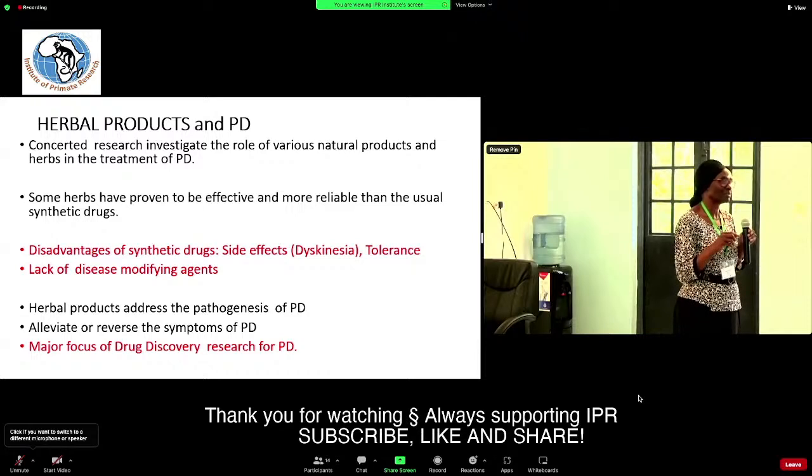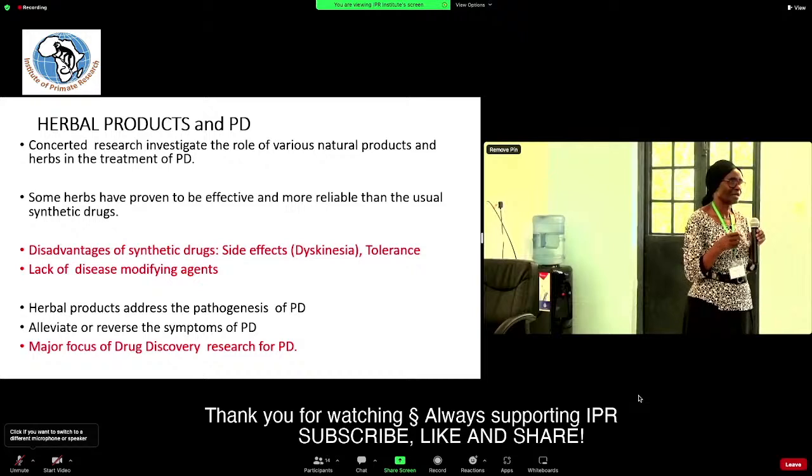Herbal medicines are one of those alternatives, particularly because conventional therapies are associated with a high incidence of side effects. For example, the dopaminergic-based therapies cause a condition known as dyskinesia, which affects about 20% of patients, occurring very frequently.